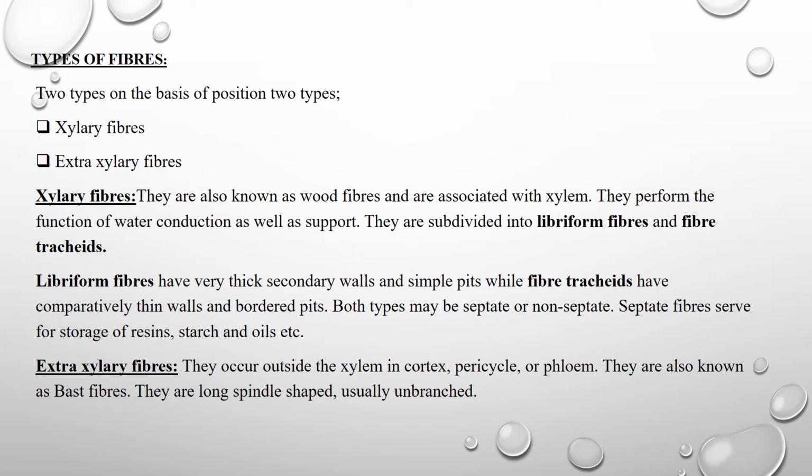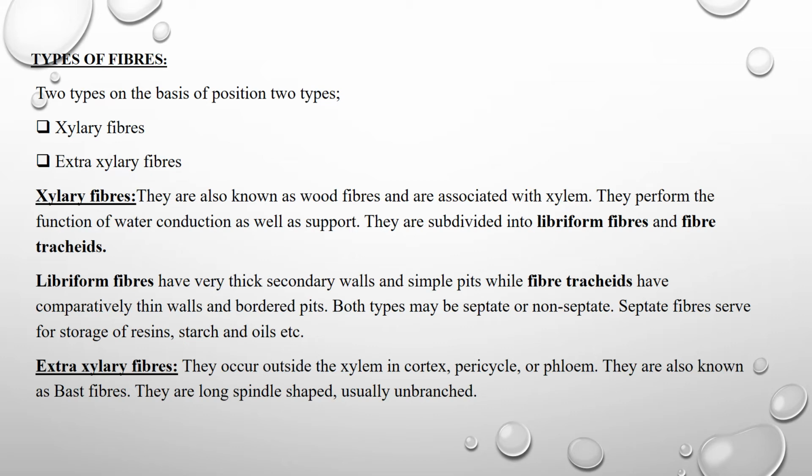There are two types of fibers depending upon the position in the plant body. Number one, xylem fibers, and number two, extraxylary fibers. Xylem fibers are also known as wood fibers and are associated with xylem tissue. They perform the function of water conduction as well as support.